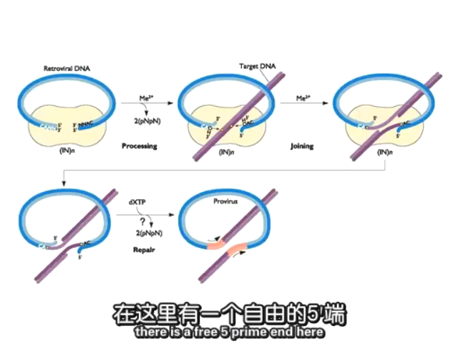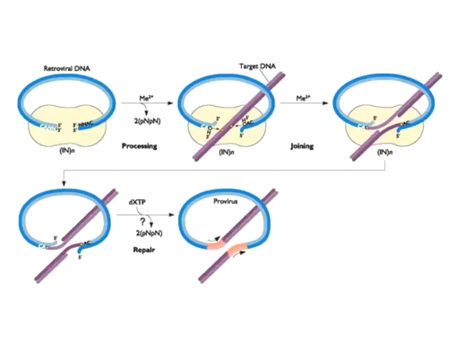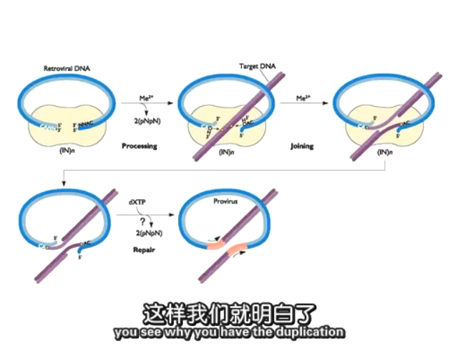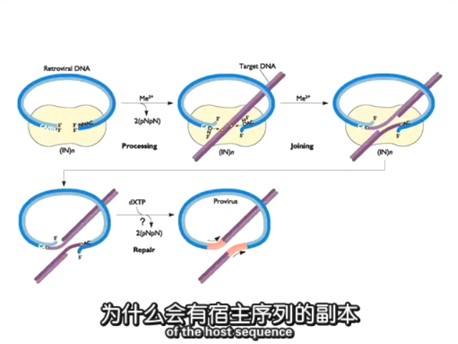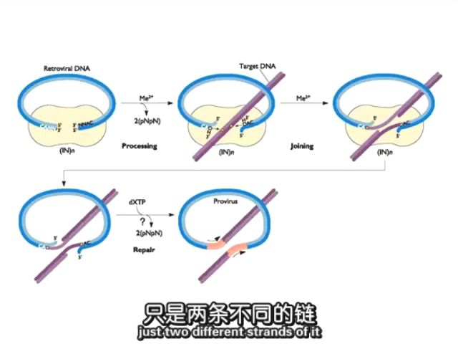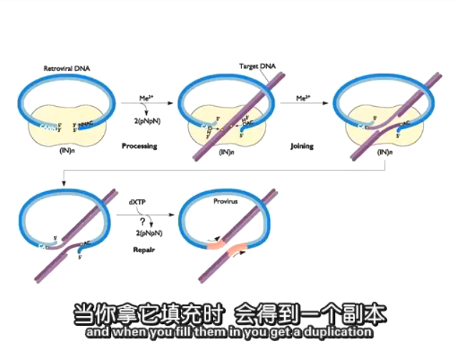And there's a free 5' end here, so that has to be fixed. That is repaired. It's filled in, and now we have a double-stranded region here completely, and you see why you have duplication of the host sequence, because you're filling in the same region, just 2 different strands of it. So this and this are the same sequence, and when you fill them in, you get a duplication.